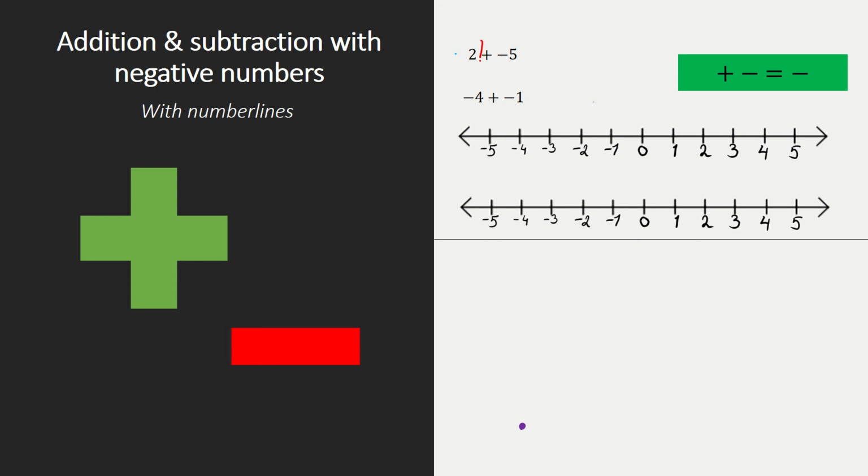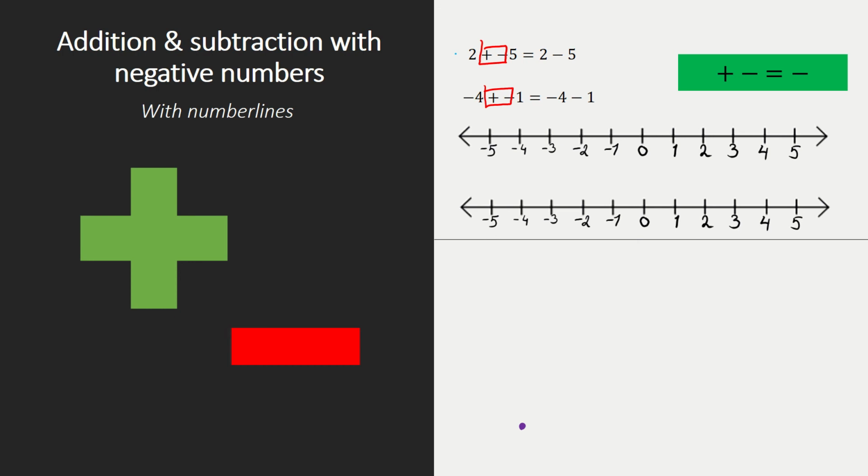So over here, we have a plus and a minus symbol next to each other. So that's the same as a negative number. So it's the same as 2 minus 5. And this is the same as minus 4 minus 1. And that's what we can show on our number line.